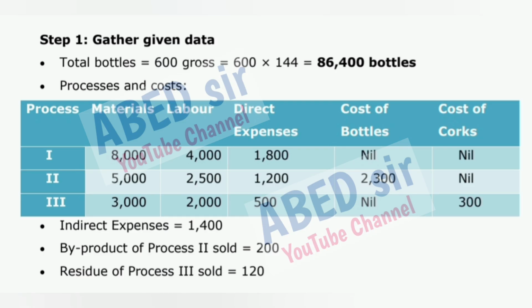Process 2: 5,000, 2,500, 1,200, 2,300, nil. Process 3: 3,000, 2,500, nil, 300. Indirect expenses is equal to 1,400. Byproduct of process 2 sold is equal to 200. Residue of process 3 sold is equal to 120.